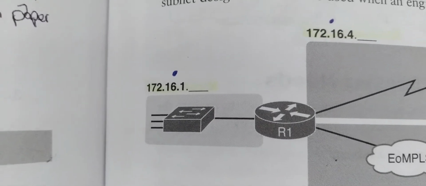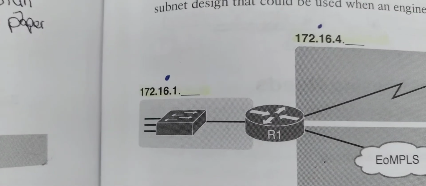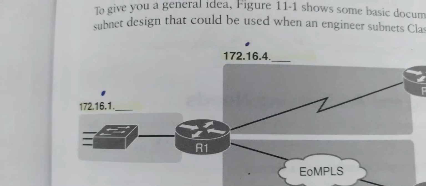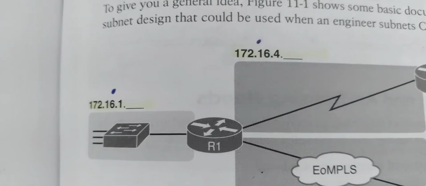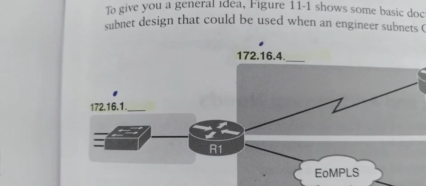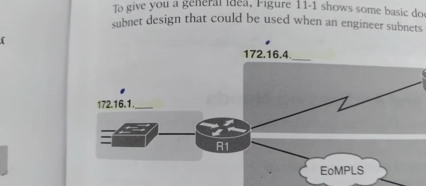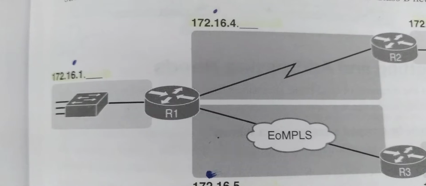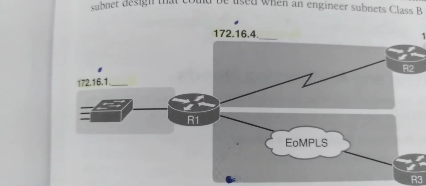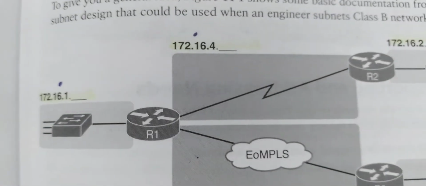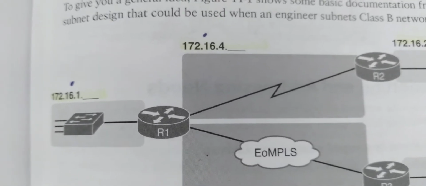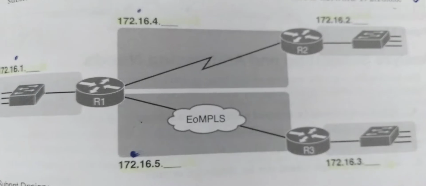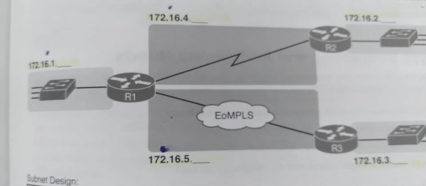So it's 172.16.0.0, 172.16.0.1, 172.16.0.2, and so on through 172.16.255.255.